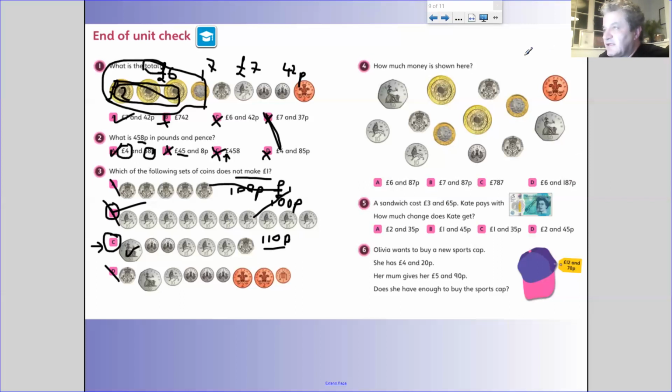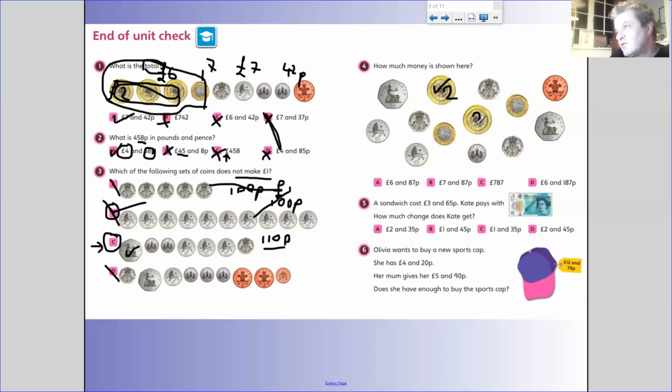How would you start? Any ideas? I think I'm going to start with the biggest value coins. Which are the biggest value coins? The biggest value coin is £2. I'm going to start with the £2. I won't put pound signs, it's a bit harder to do.